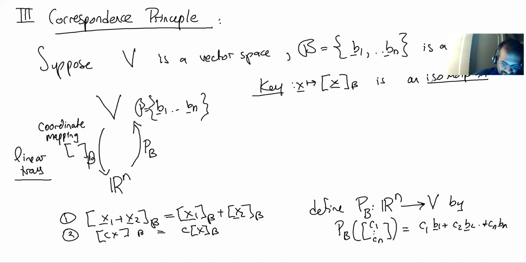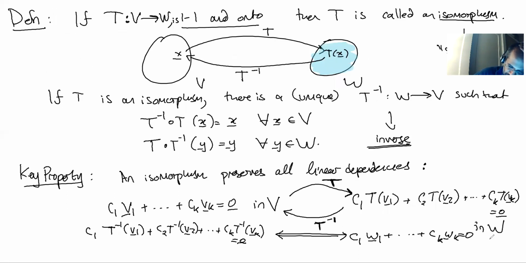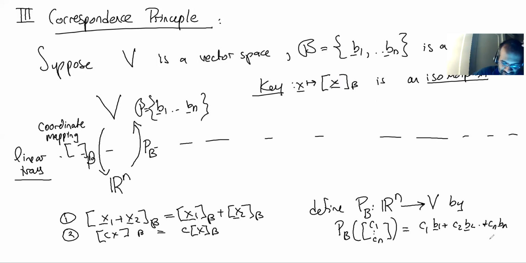Now, what's the point of that, right? Well, the point is that any statement that's true up here is going to be true down there by what we said earlier about isomorphisms. What was the key property of isomorphisms? It preserves all linear dependencies. So the key new ingredient is a basis.